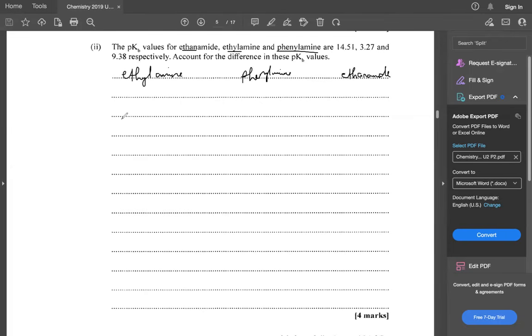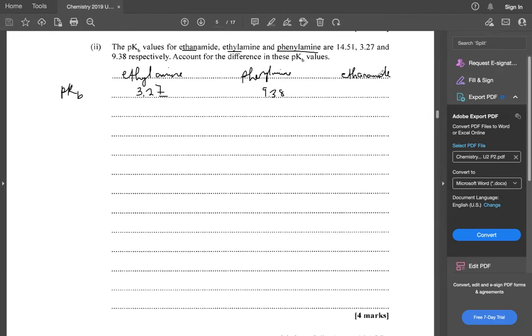So we have ethylamine, and I'm going to draw that one here. They said that the pKb of that one is 3.27. That's the one that they gave us for ethylamine. And for phenylamine, they said it was 9.38, right?